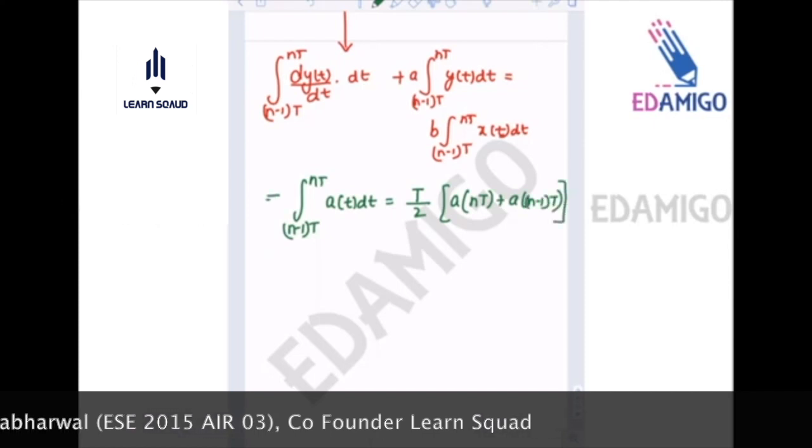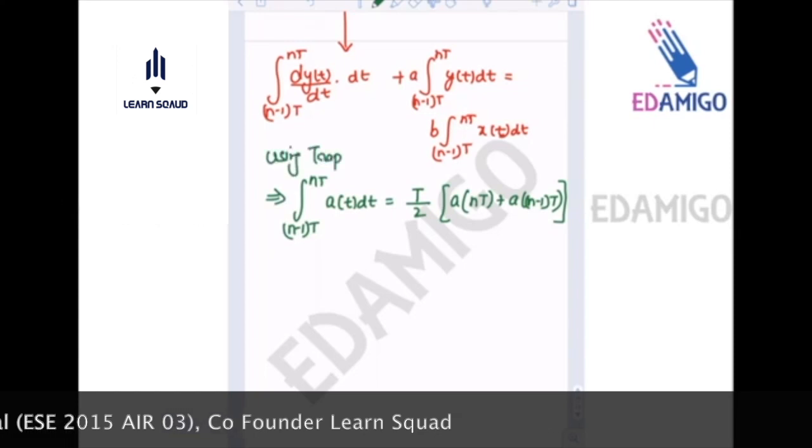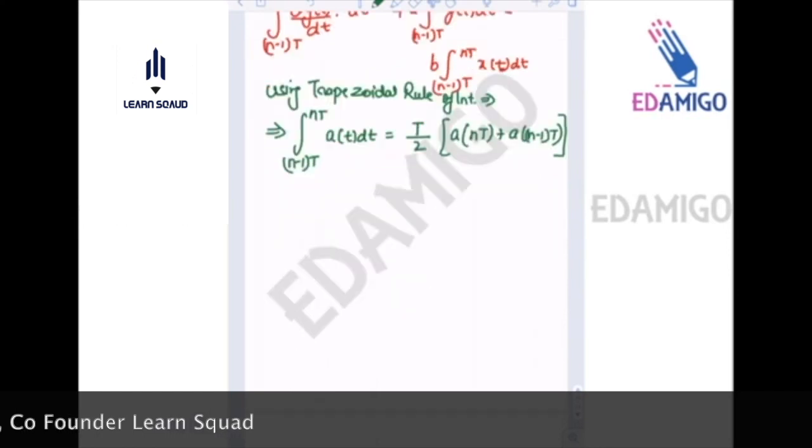So using this trapezoidal rule of integration on the above equation, we can see that.